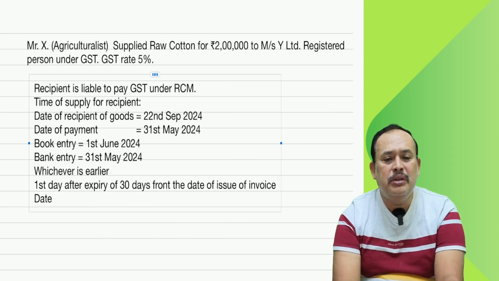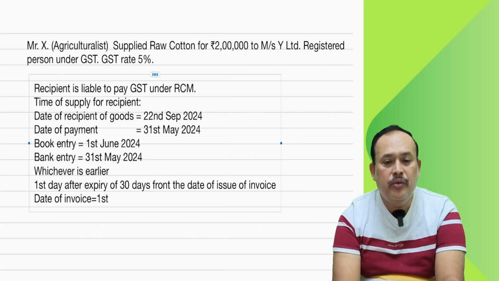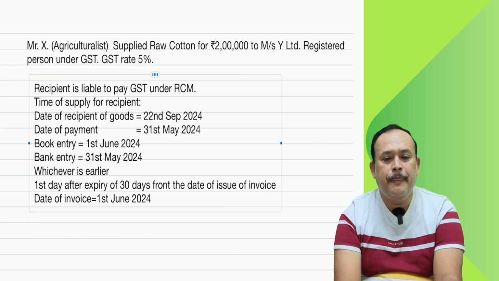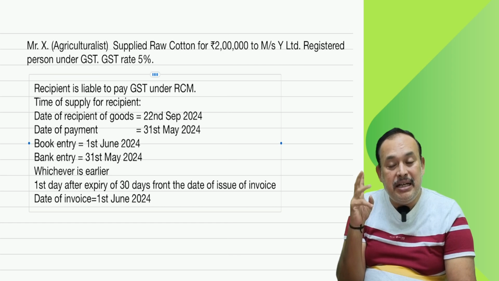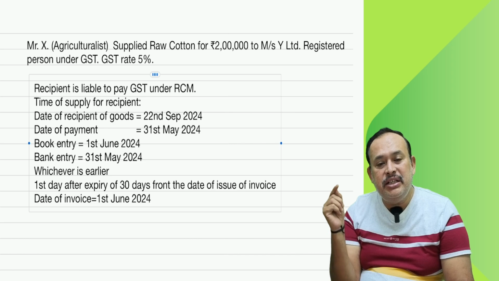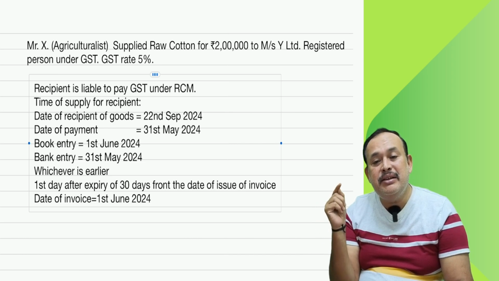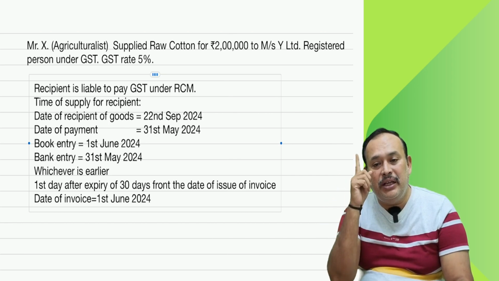So assume date of invoice is, for example, 1st June 2024. That means count 30 days from 2nd June. From 2nd June, when do 30 days end? 30 days end on 1st of July.